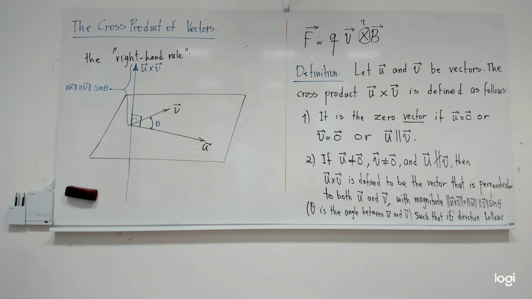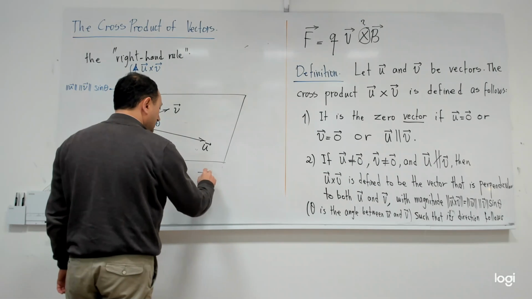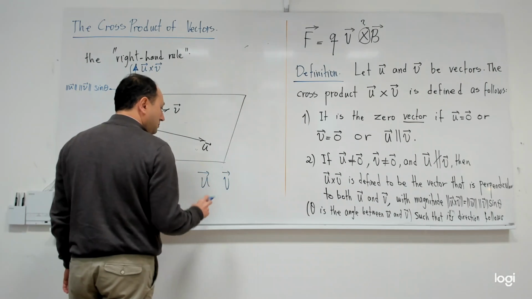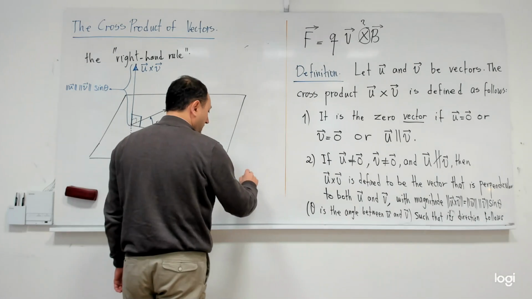Is that clear? But let me ask you something, to see how much you understand this. Do you think that this operation is commutative? What do I mean? I mean that if I give you two vectors, u and v, do you think it matters whether I multiply in this way or in that way?